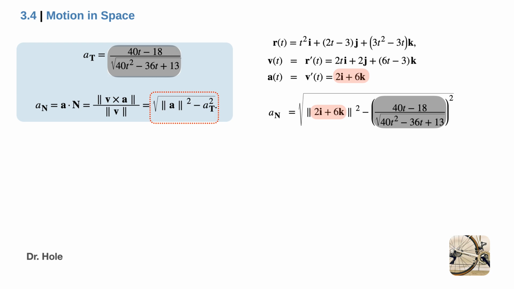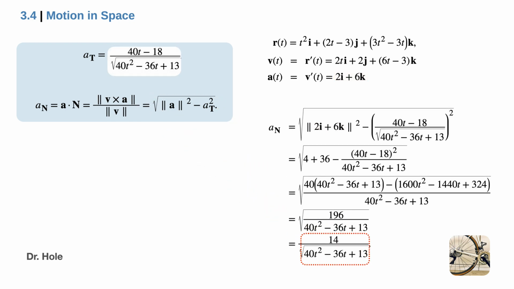Note that this here in the dashed red box is essentially the Pythagorean theorem isolating out a side of a right triangle. All right, and then highlighted in gray, that's the tangential component, so that's a sub t, quantity squared. And then looking at the acceleration vector, we want to take its norm. That's by this formula. And then it's just a straight computation to figure this out.